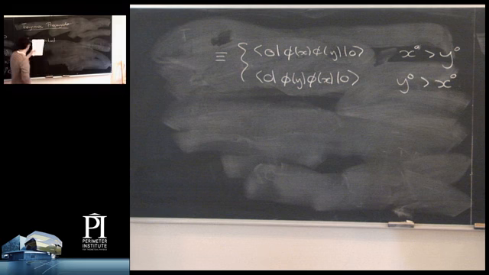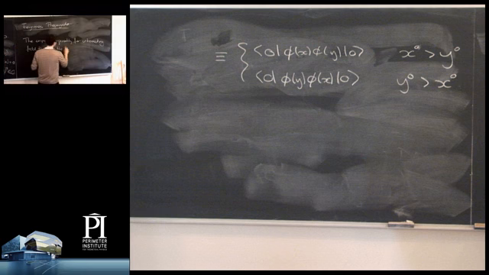Okay. The important quantity for interacting field theories is the Feynman propagator.